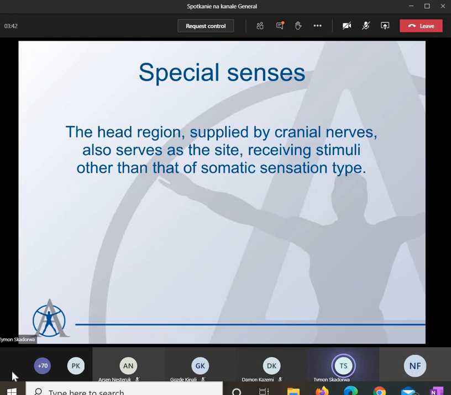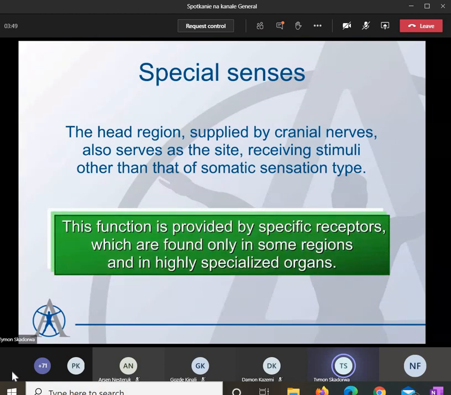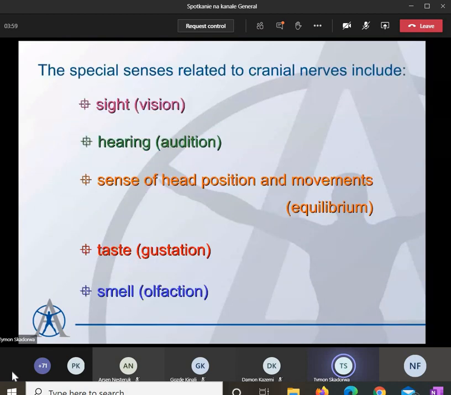So in the head region, unlike in any other region, we have some highly specialized regions containing very specific receptors that react to special information and special stimulation. This is what we call the special senses.